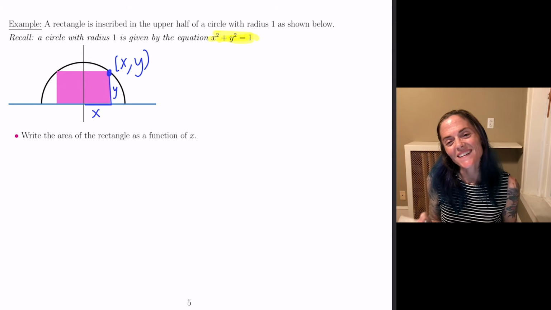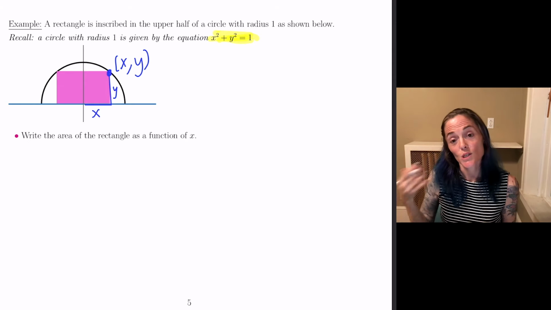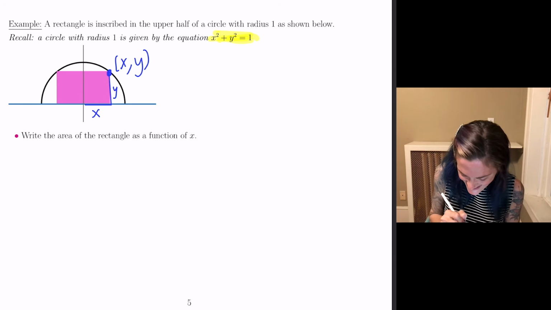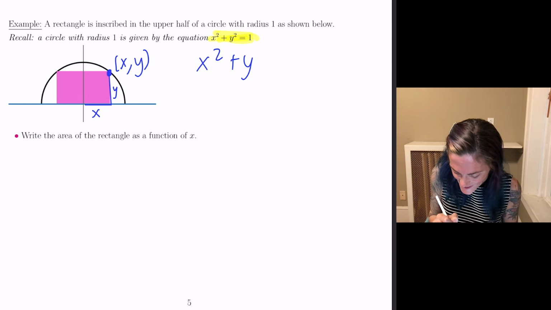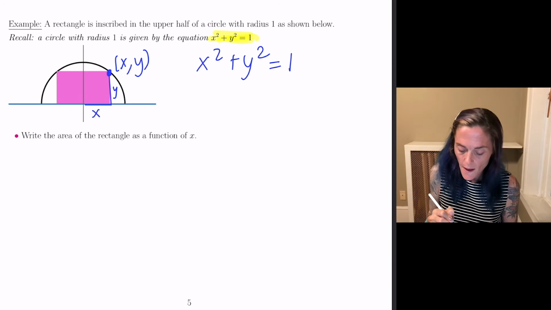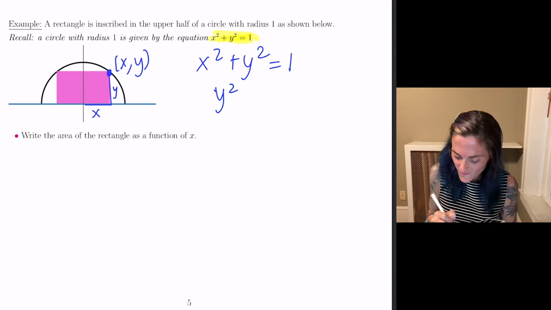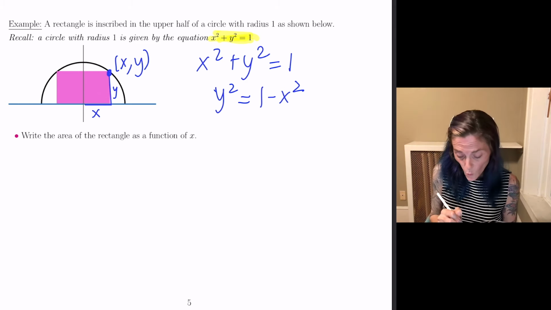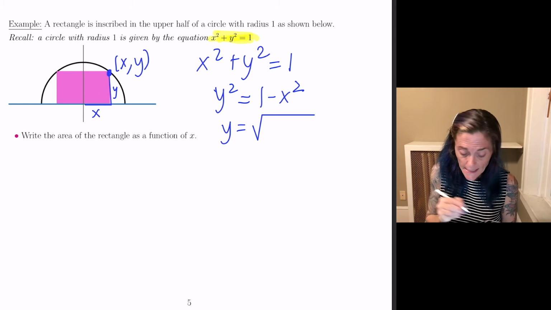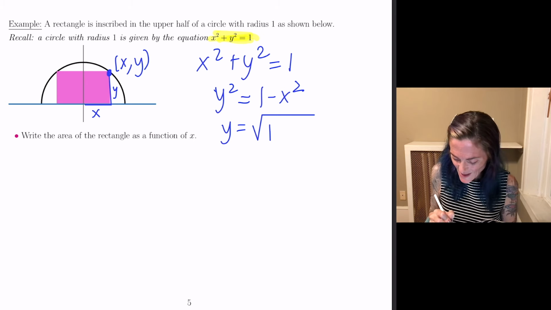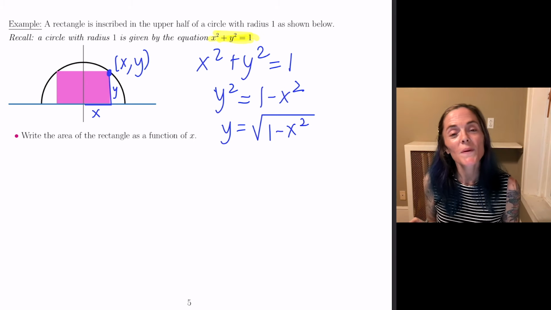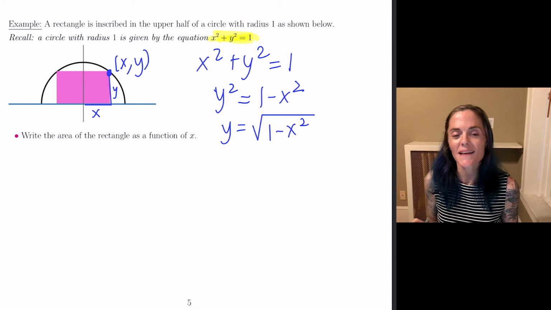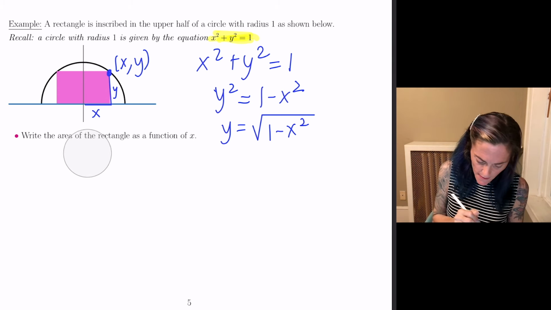Now, we get this point here, which is the corner of this rectangle. It's also on this circle. So that tells us that x squared plus y squared equals 1. We have y squared is 1 minus x squared, and y is the positive square root of 1 minus x squared. We want to write the area of the rectangle as a function of x.